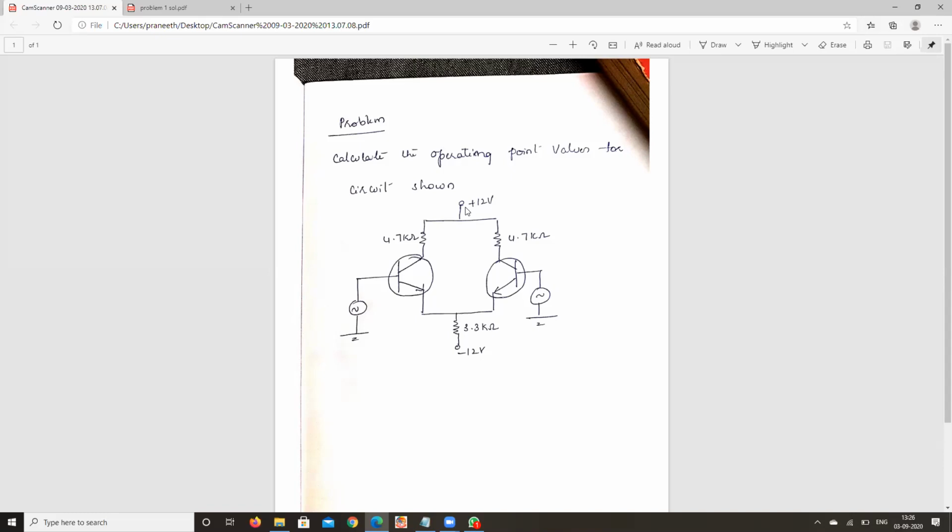ICQ, now you got 1.71, 1.7 milliamps, and the remaining values are given. VCC is 12 volts, VBE is 0.7 volts, ICQ is 1.7 milliamps, RC is 4.7 kilo ohms.